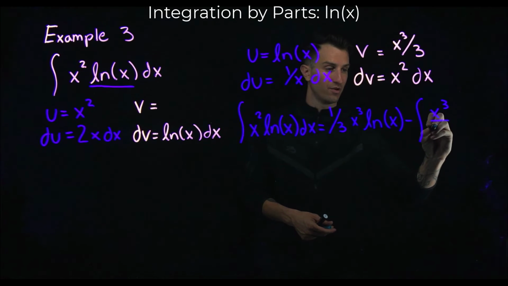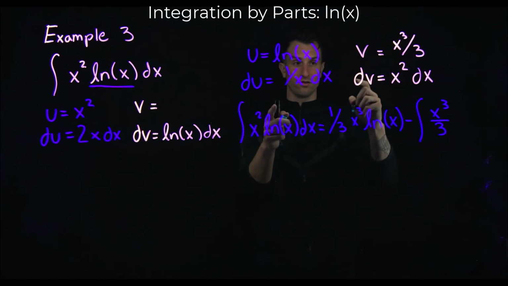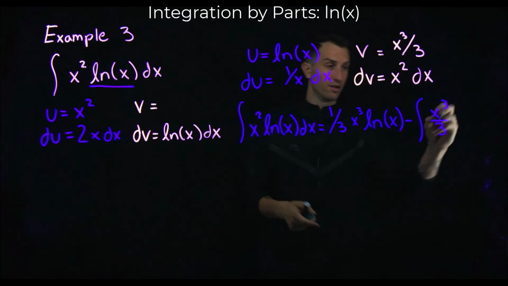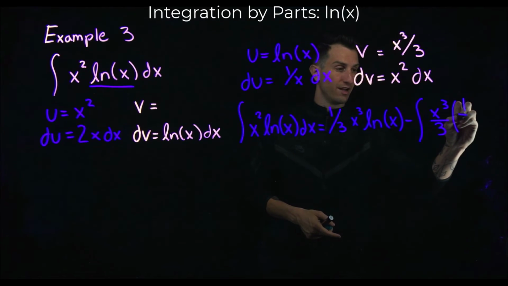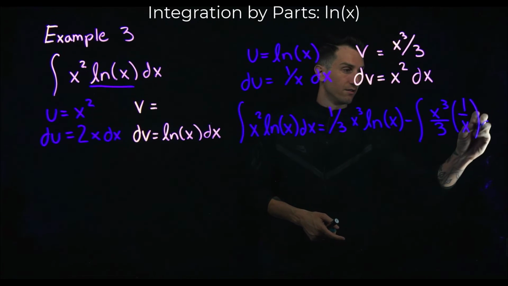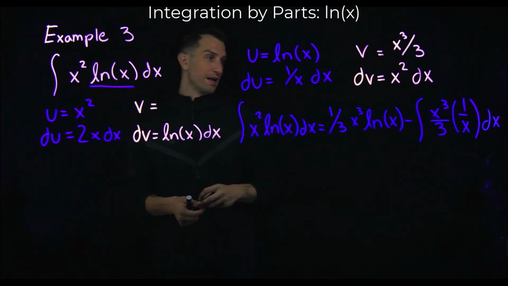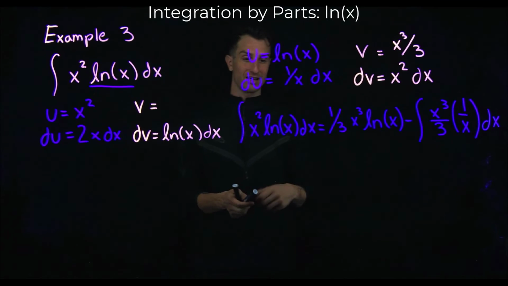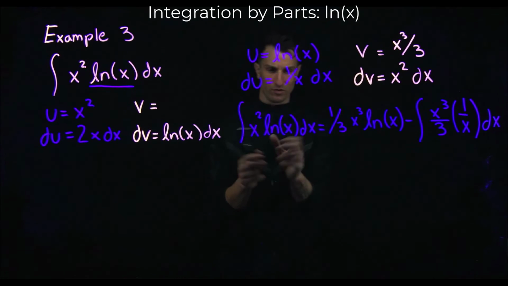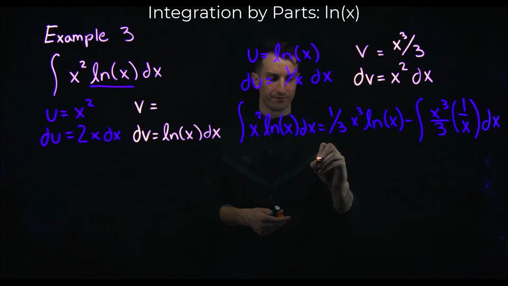I have x cubed over 3, right, uv minus v du times 1 over x dx. Well, what happens? That actually does look very nice, right? I have some x's that are going to cancel each other out. And then we'll leave this here. I don't need to copy this down.